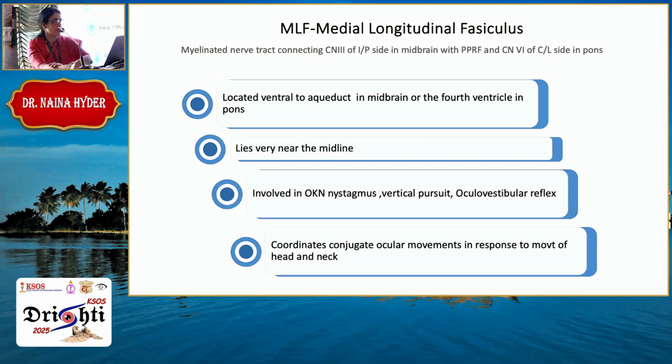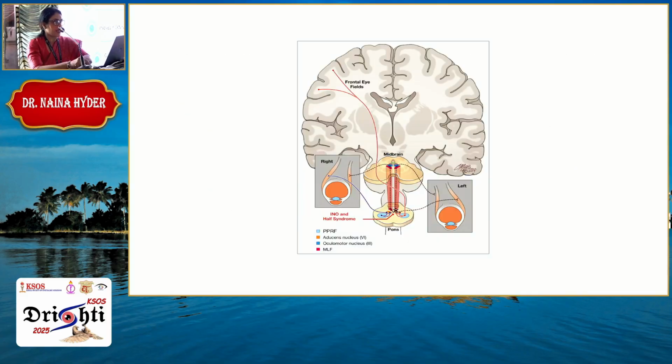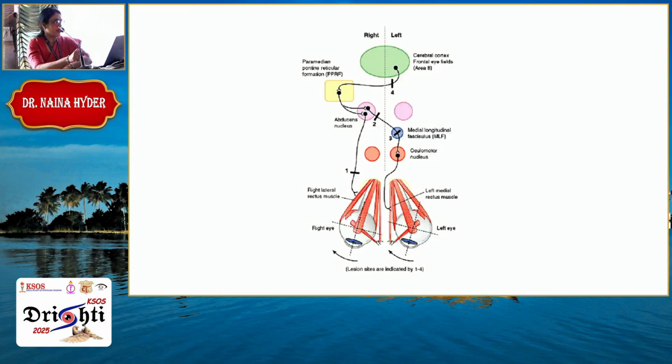It is located ventral to the aqueduct in the midbrain and it lies near the midline. This is the most familiar picture we have seen in our anatomy books. You can see the MLF in red, connecting the third nerve in the midbrain and the sixth nerve in the pons, and it is associated with the PPRF, closely aligned with the sixth nerve.